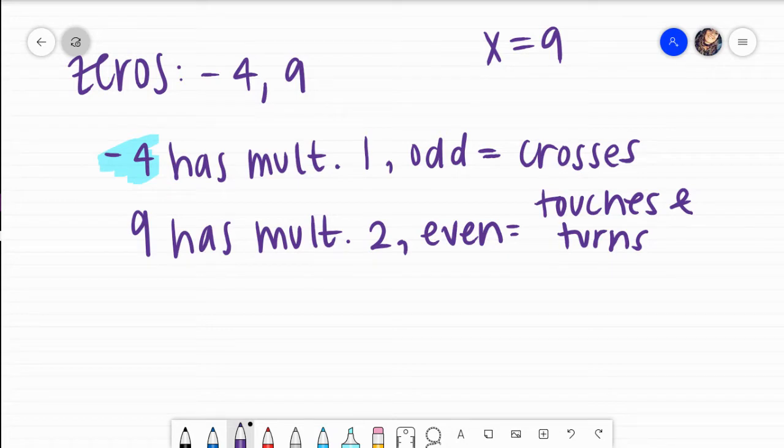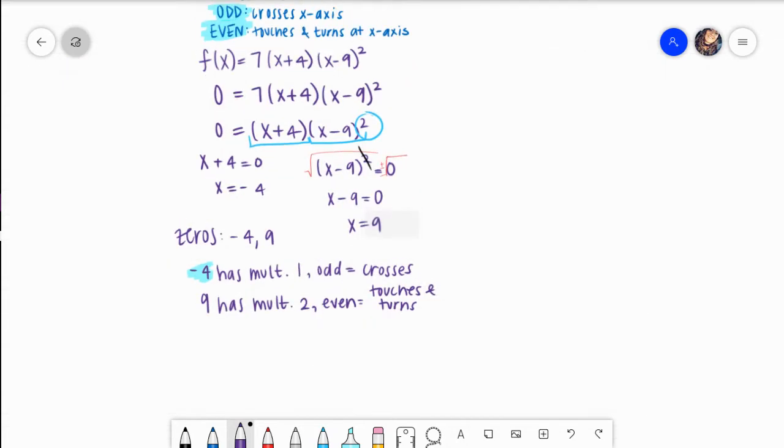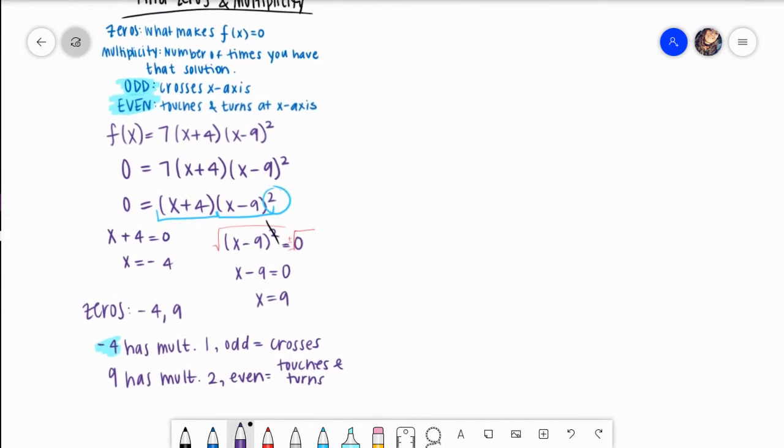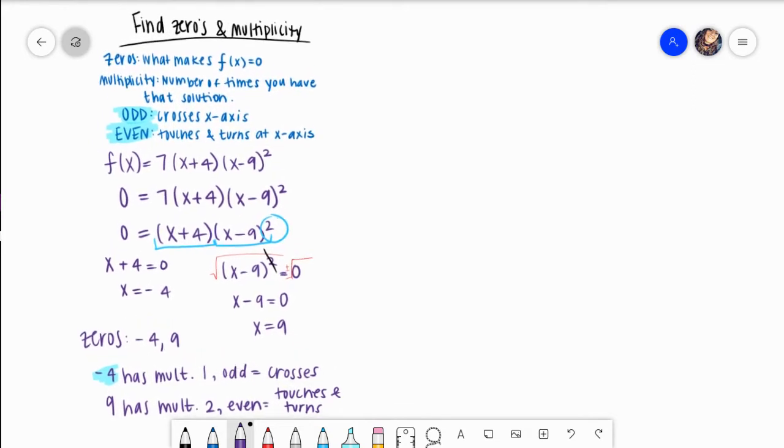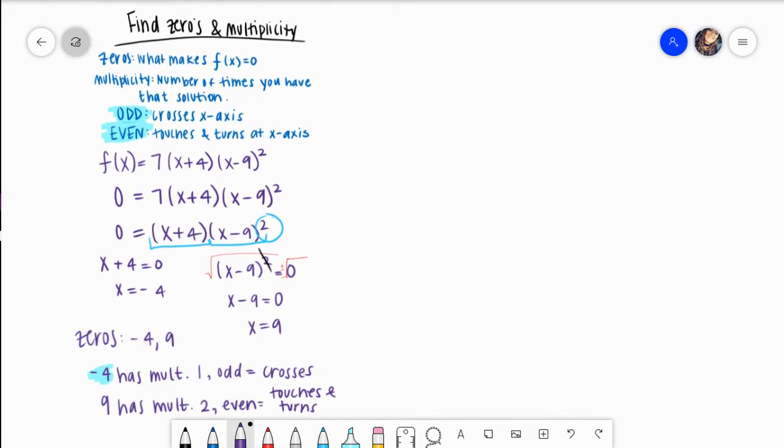And so that will be the answer to that problem. This is kind of building towards what we're going to do in the bigger problems. But for this problem right now, what are your zeros? And then, we didn't say right here, my 9 has a multiplicity of 2, which means at 9, because my multiplicity is even, it's actually going to touch the x-axis and then turn.